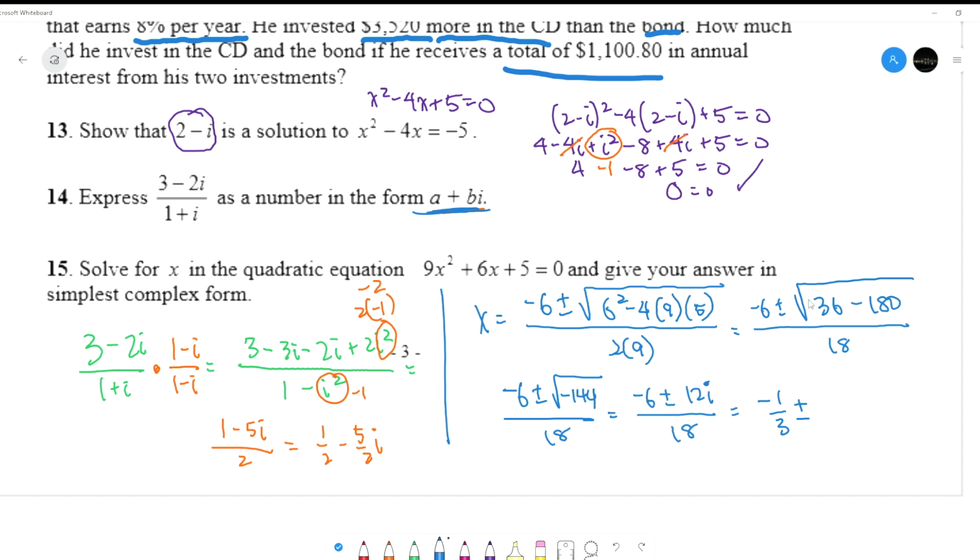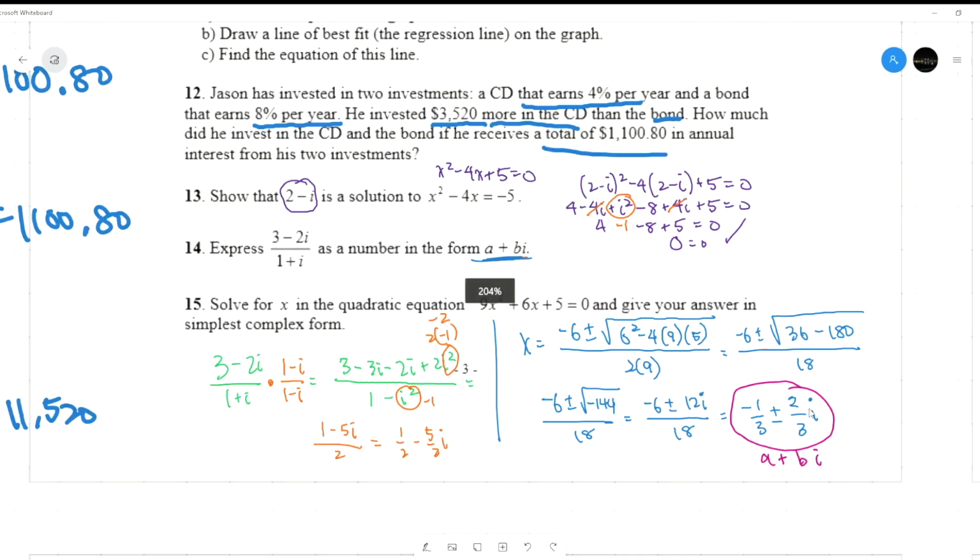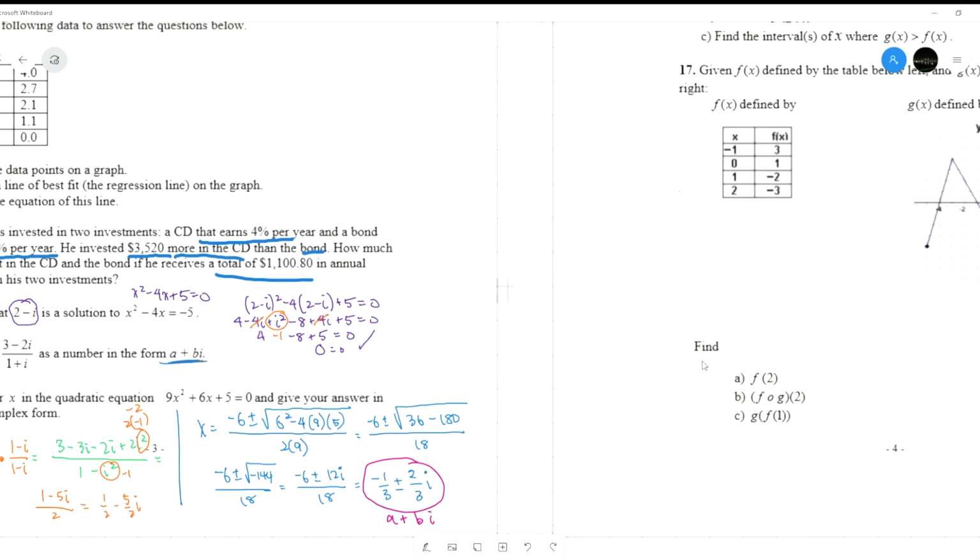So you divide by 6, you get 2 over 3i. And there's your final answer. A plus bi. Okay, any questions about that? Okay.